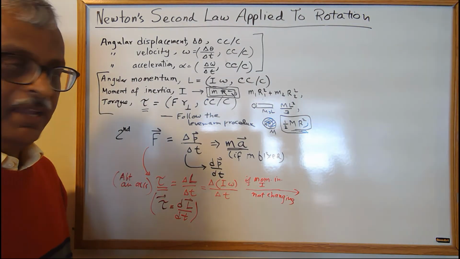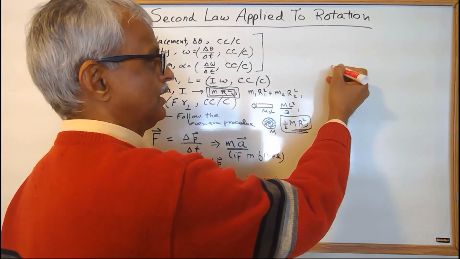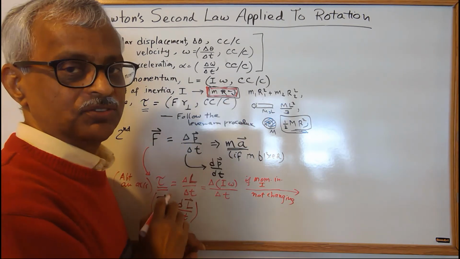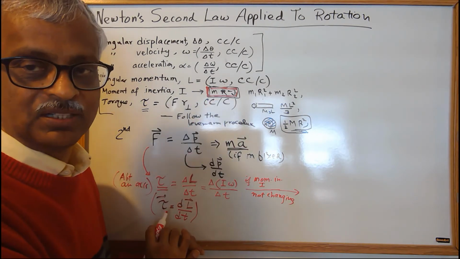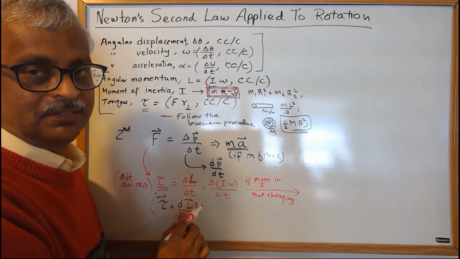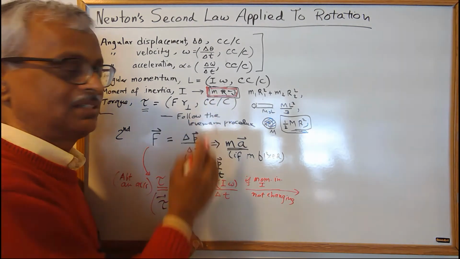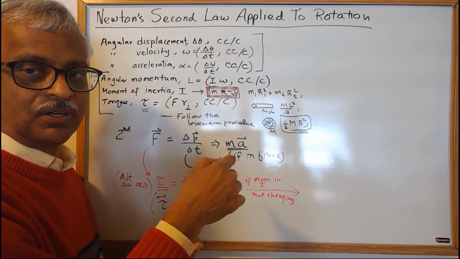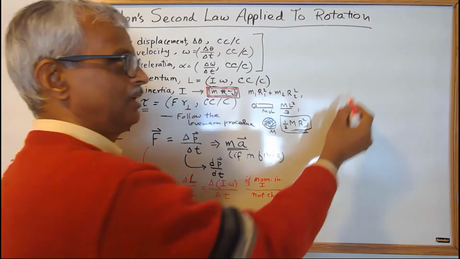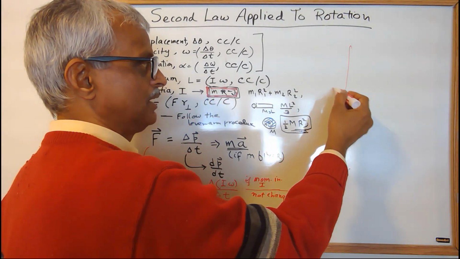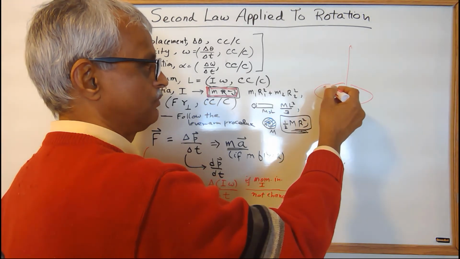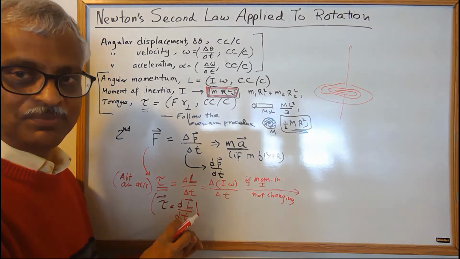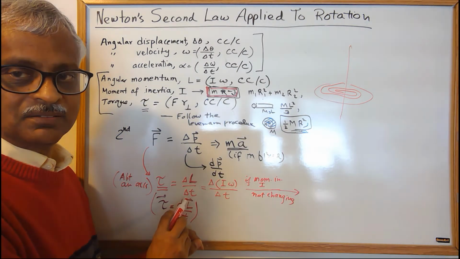Let's see how, if you look at just one particle going in a circle, how can the moment of inertia change here? Mass can change, right? So mass has to be fixed, or it can change in a different circle. If this is the axis and the particle is going in this circle, and for some reason it actually started to go underneath like this, it's still going around a different circle, then moment of inertia will change.